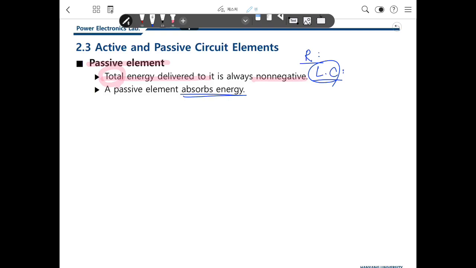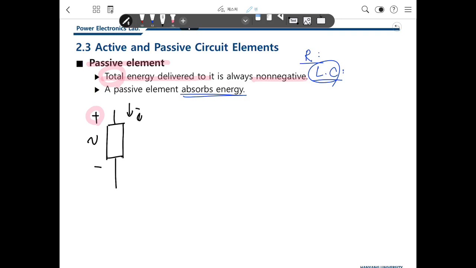In this case, the passive element we draw in this way. This is the element, whatever it is. Then we can define the voltage here, V. Then the current flows into the plus terminal.